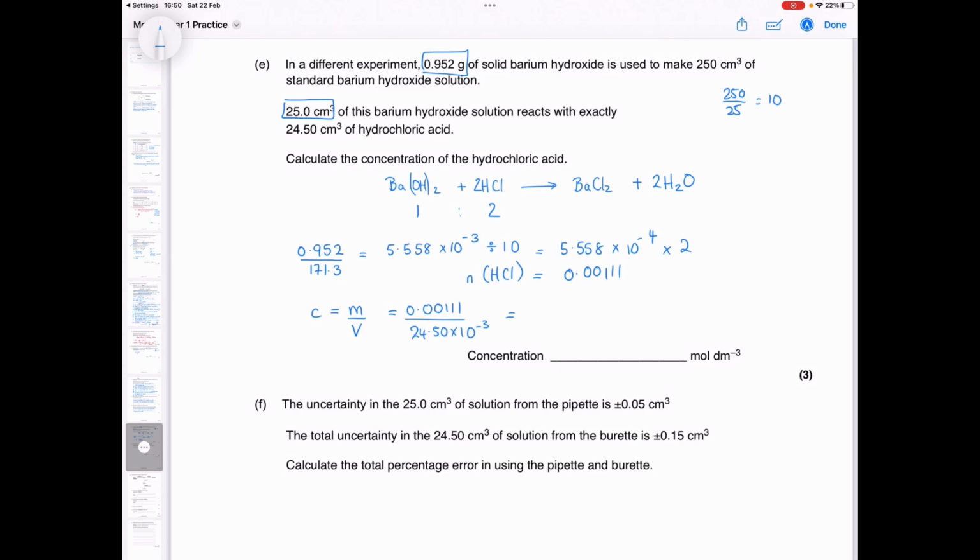And so our concentration is equal to 0.045 moles per decimetre cubed.